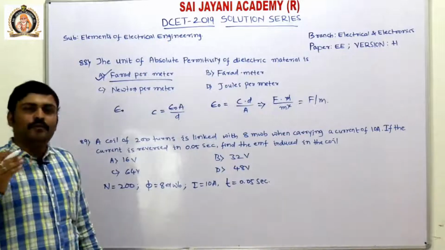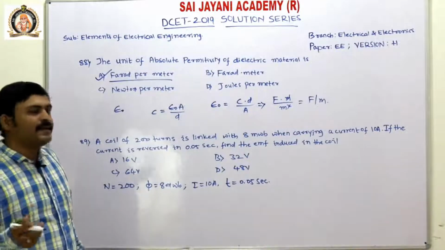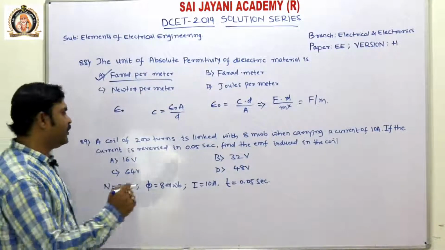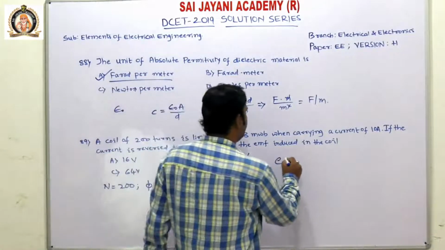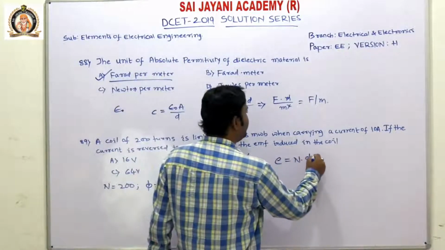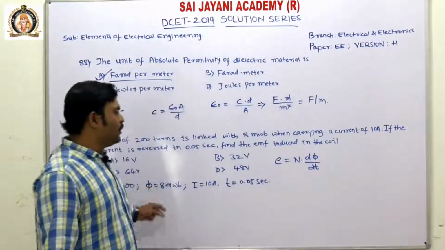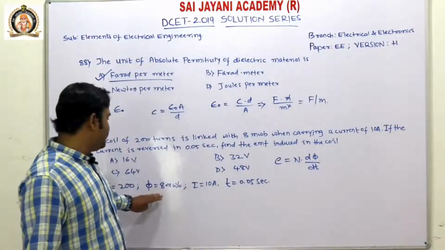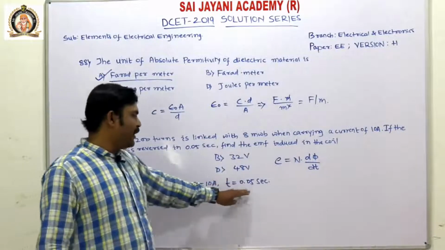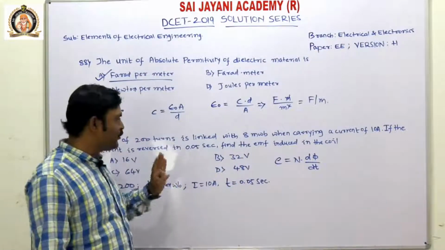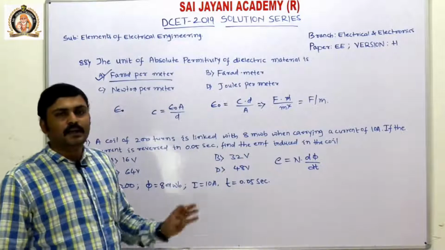According to Faraday's second law of electromagnetic induction, E equals N into d phi by dt. Flux, current, time and number of turns are all known, so we can easily find the EMF.